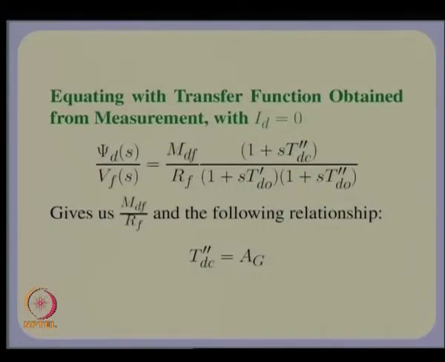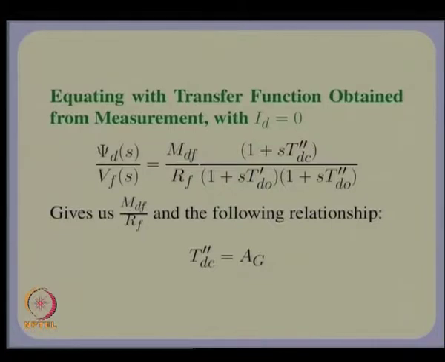Now, of course, you could do another measurement. For example, you could obtain the transfer function G'(s). That is, you obtain the transfer function of psi d given Vf as an input, with Id equal to 0.